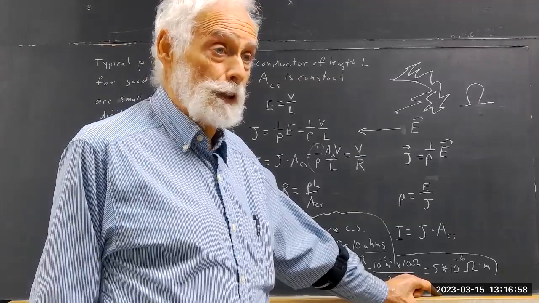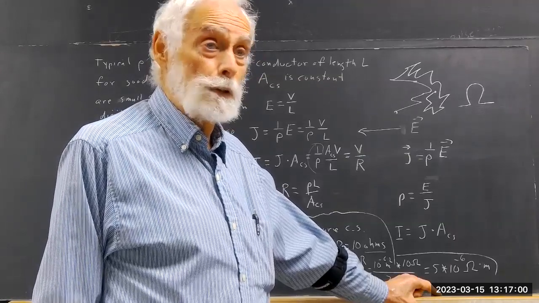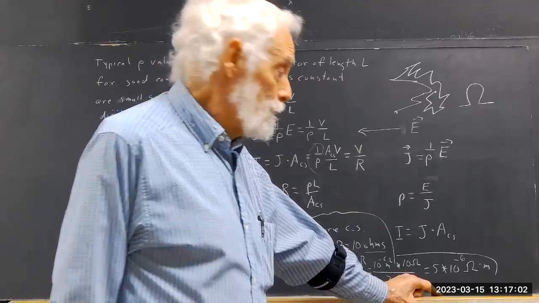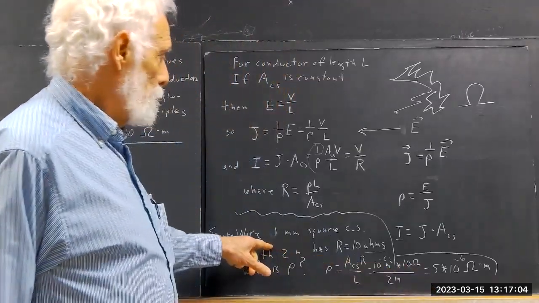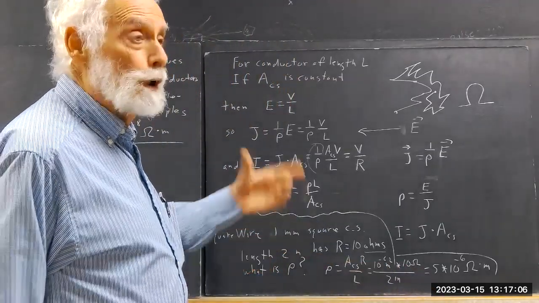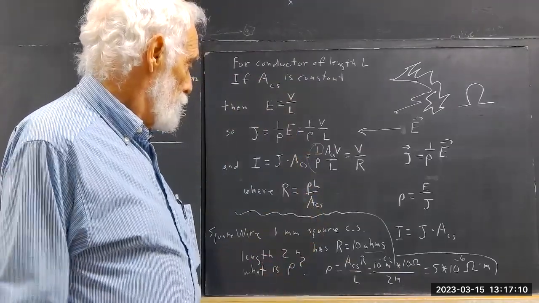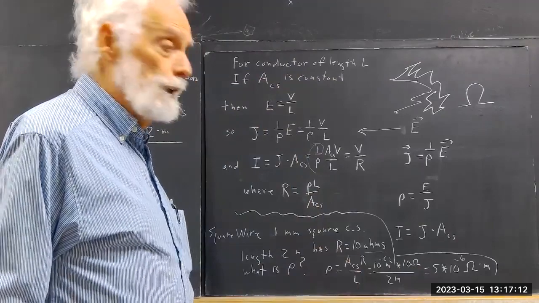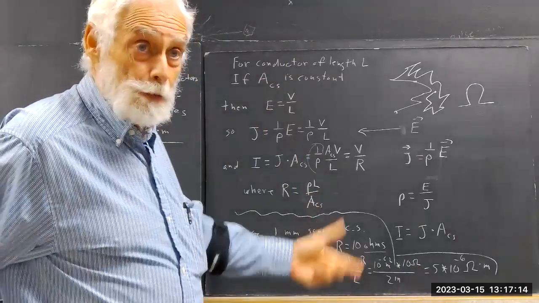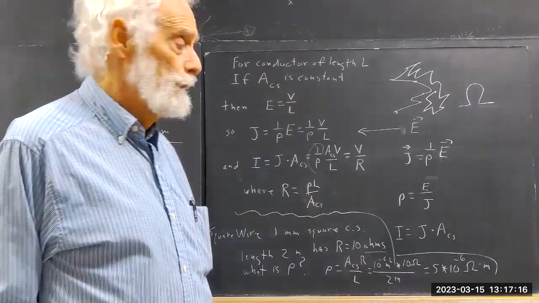So if you have the same length of copper, you only have 1/100th the resistance, which would mean a 1 millimeter cross section of copper, 2 meters long, would have a resistance of 1/10 of an ohm, or 100th of that. And it'd be less than that.